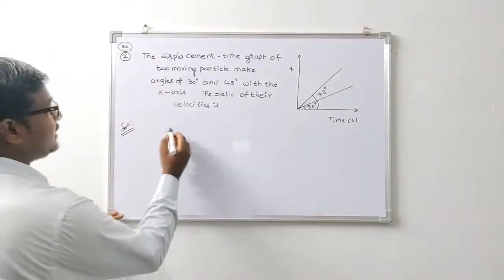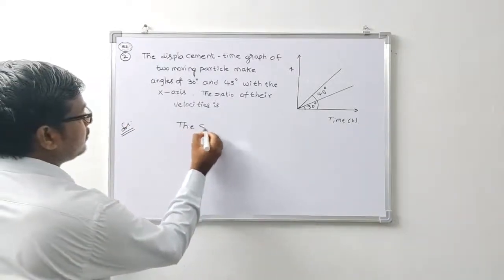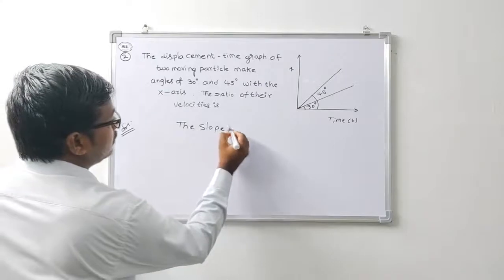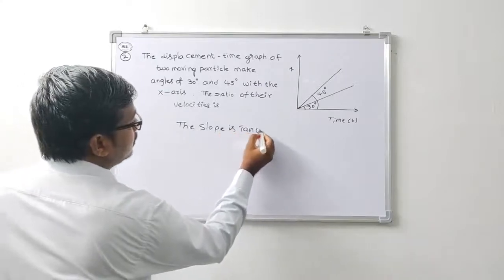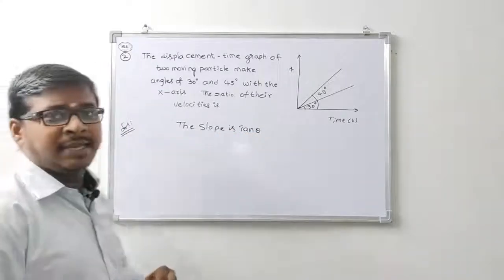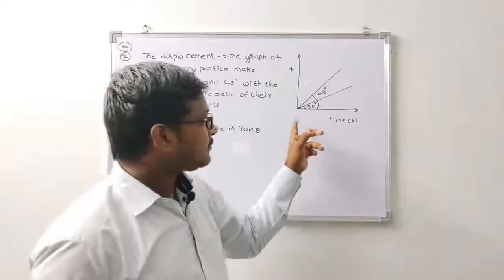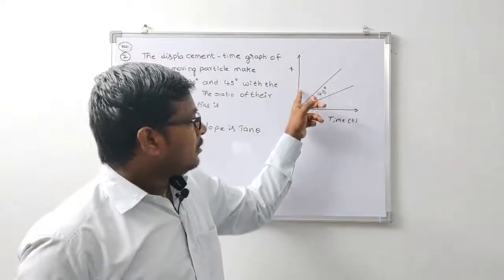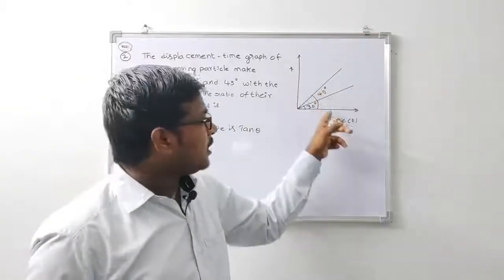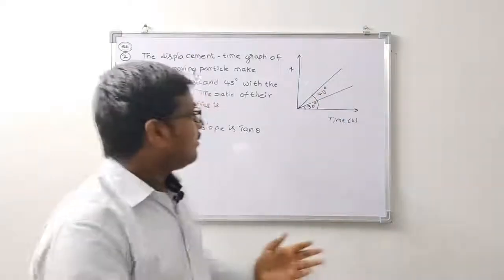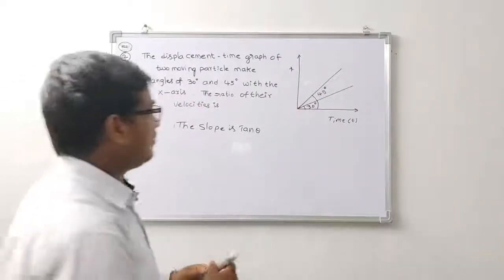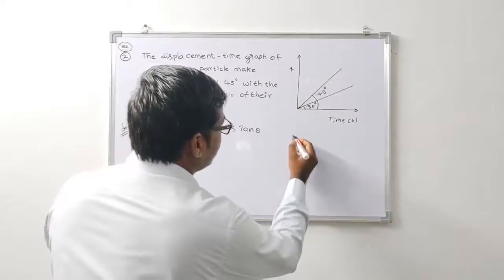Okay, the slope is tan theta. Theta is the angle which the tangent makes to the horizontal in the anti-clockwise direction. Anti-clockwise direction.